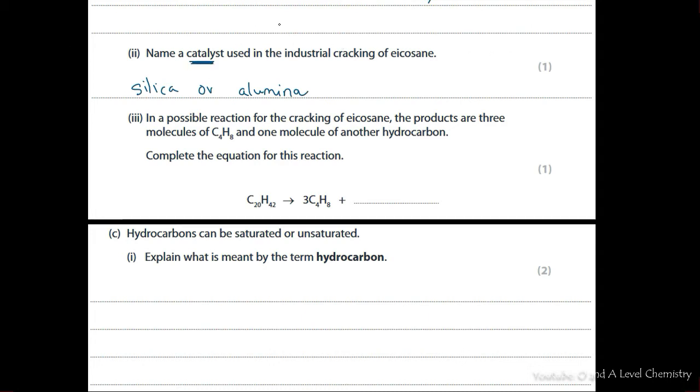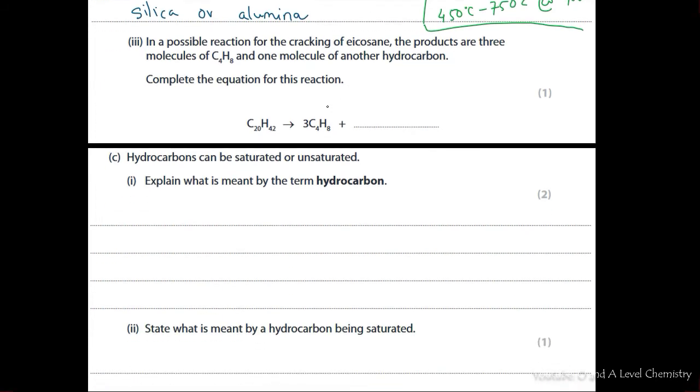Just remember that there is another form of cracking known as thermal cracking. You can do cracking without a catalyst, that is thermal cracking, and that happens between 450 degrees Celsius to 750 degrees Celsius at 70 atmospheres of pressure. Just remember this, because you might come across a question that would ask about thermal cracking.